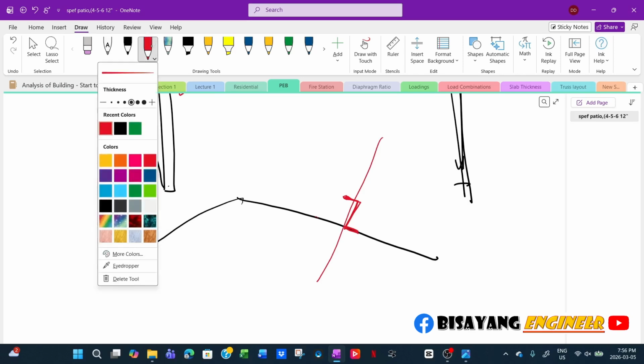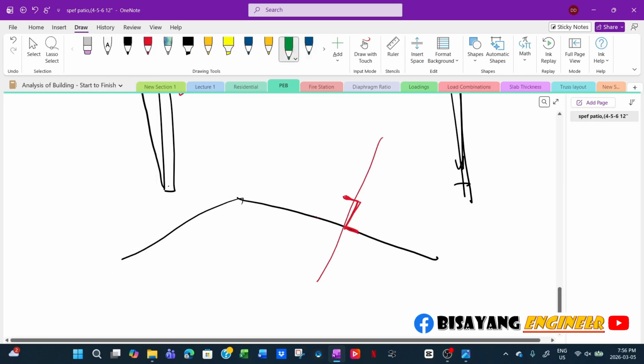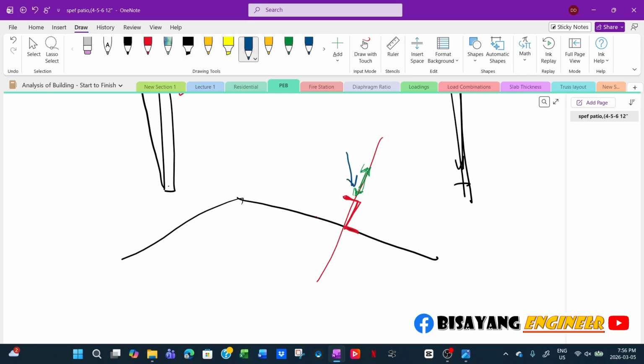Now, if you notice, your wind load is perpendicular to the surface, but your gravity load, your collateral load, is vertical.